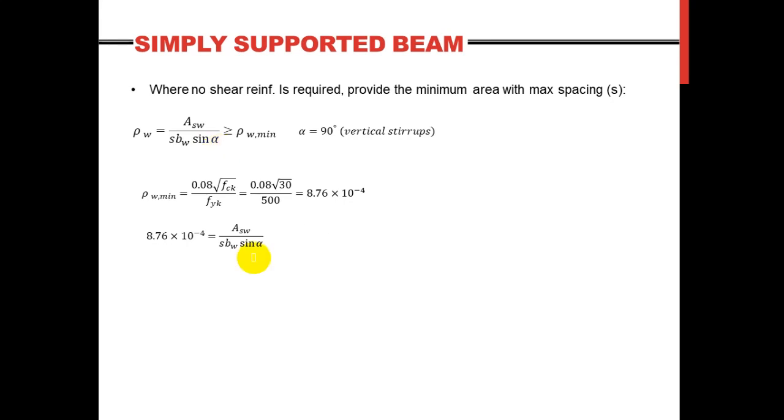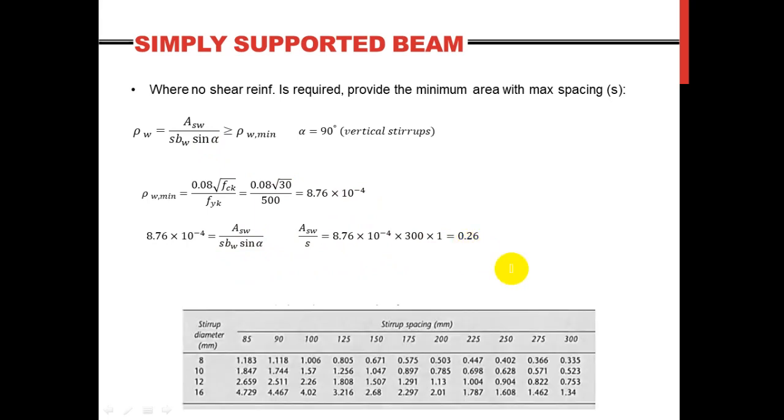Plugging all the values there, this is what you get. The output is 0.26. This is the minimum ratio required. Now before going to that table, again, you might notice that 0.26 cannot be found in this table.